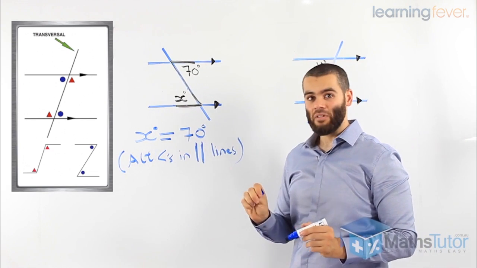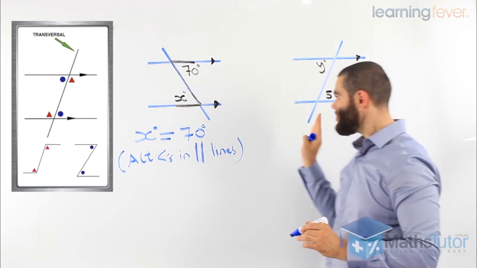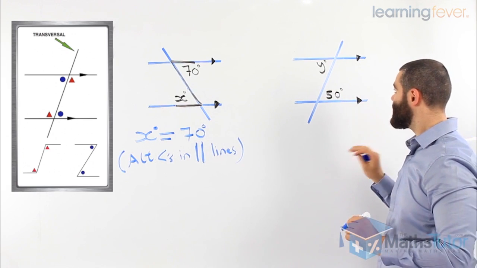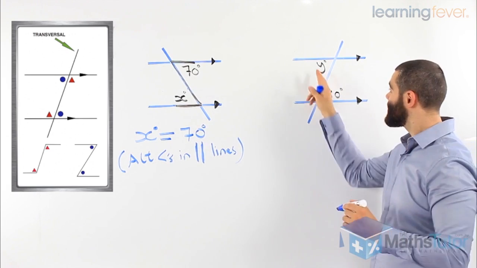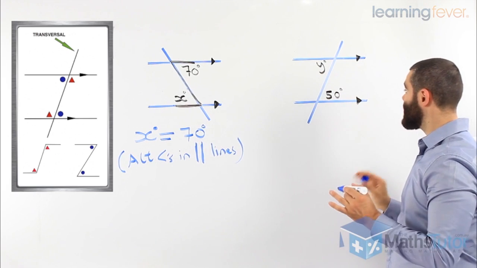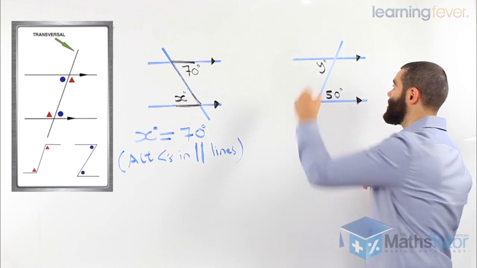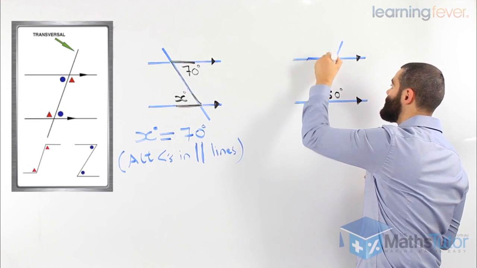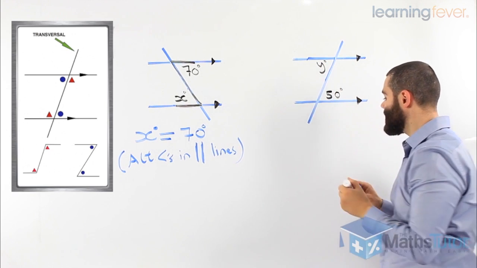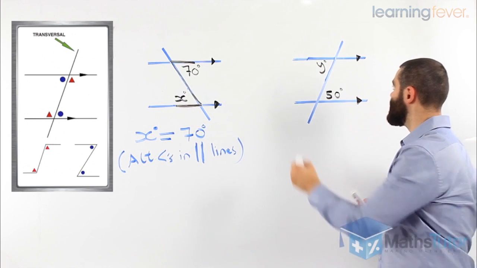X is 70 degrees. Over here, again, we are asked to find a missing angle. It's marked with Y. We can see and locate, okay, this looks like alternate angles. Alternate angles here and alternate angles there. Let's highlight them to make it easier to identify.